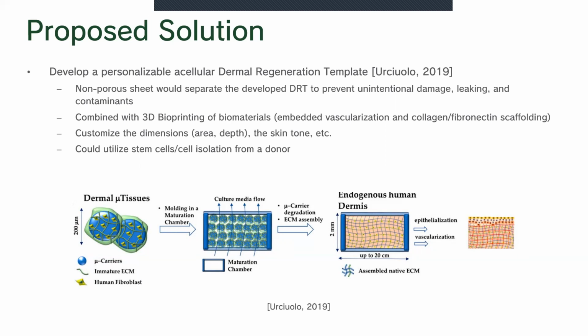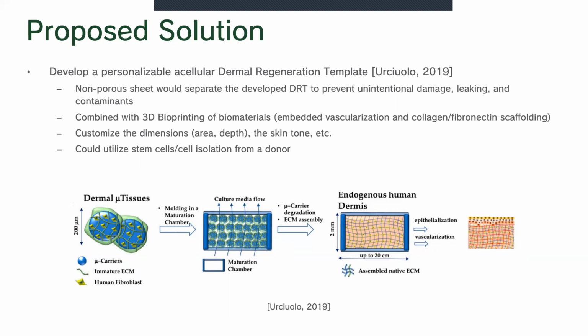The image at the bottom shows the general DRT process. We start with some microcarriers and an immature extracellular matrix, and we have some embedded human fibroblasts. We take this and we mature it in a maturation chamber, or mold it in there. We have some media flow, so different cultures flow through it, and our ECM is assembling.